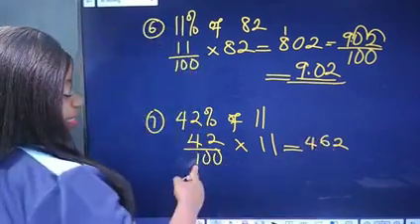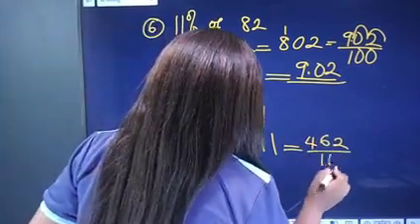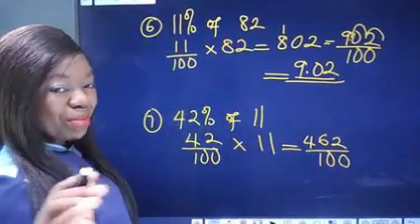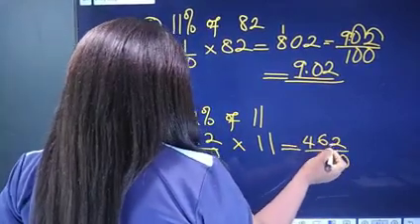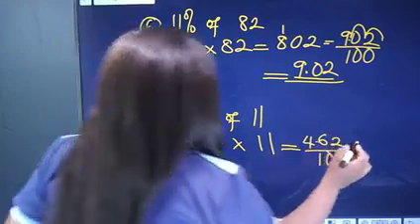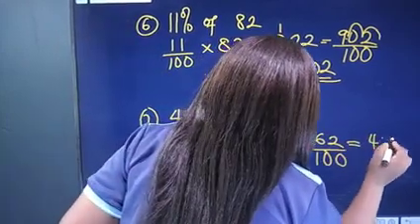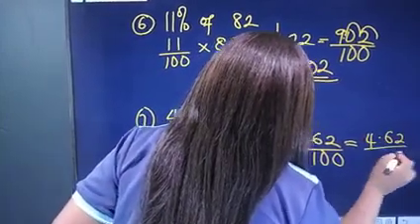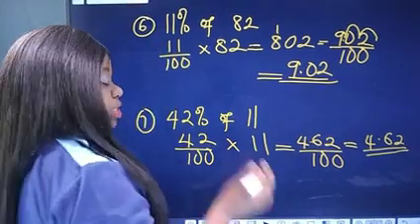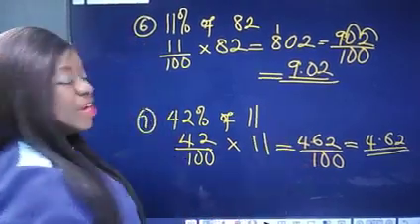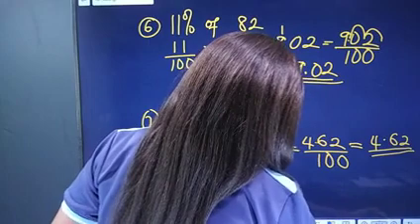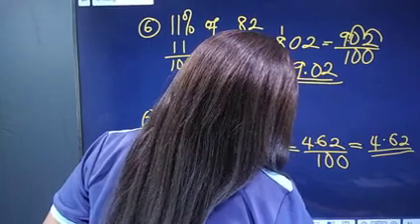That's 462 divided by 100. You should know where your decimal point will be. From here, 1, 2. That's 4.62. The reason we counted 2 places to the left is because 100 has 2 zeros, so it's a power of 10 raised to 2.